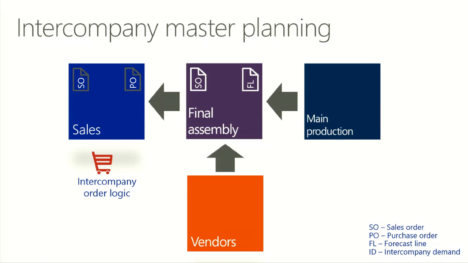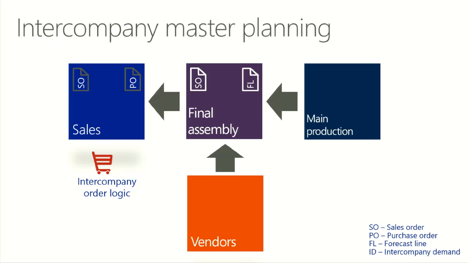Now what I have been showing you here is actually that I have planned for the items one at a time in each company. I could also have set it up with a sequence that I say I want to plan first in France, then in Germany, and then in US with one click or one batch. And it will fire off master scheduling in all the companies. And there's a little trick there.